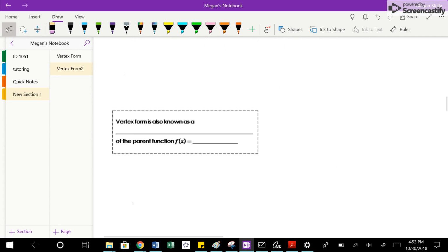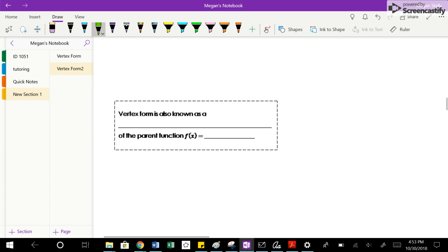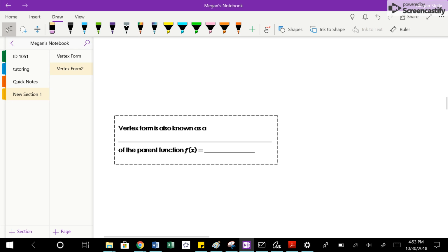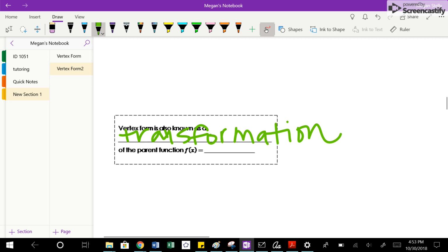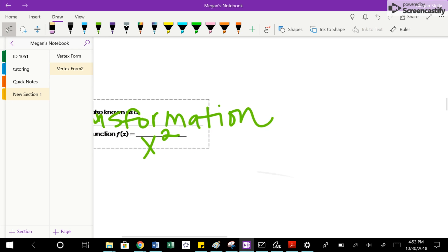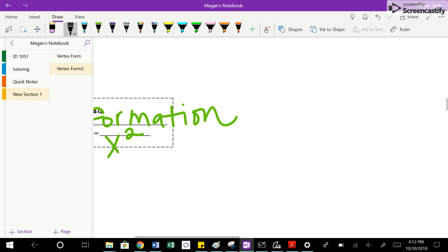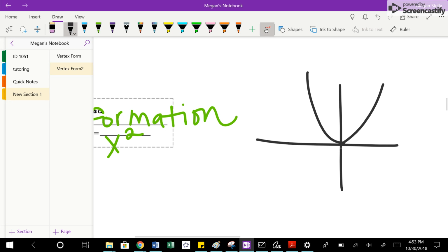But before that, we have one more box to fill in. Vertex form is also known as a transformation of the parent function f of x equals x squared. So what this means is that from the basic function x squared, I'm going to draw a little graph over here. x squared has its vertex at 0, 0, the origin.